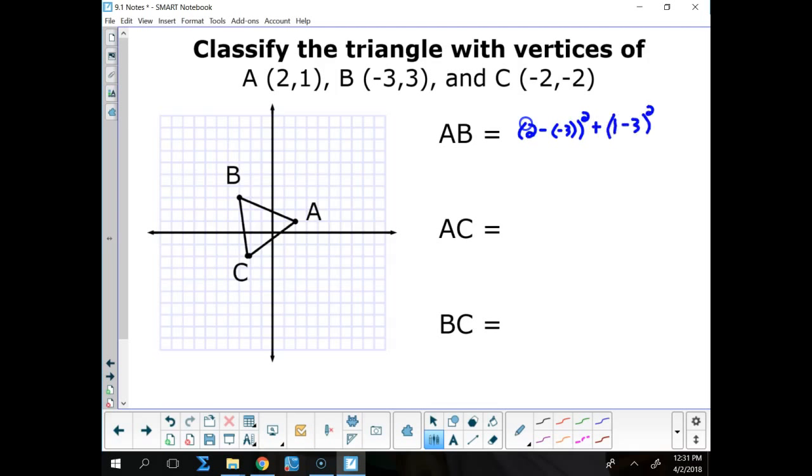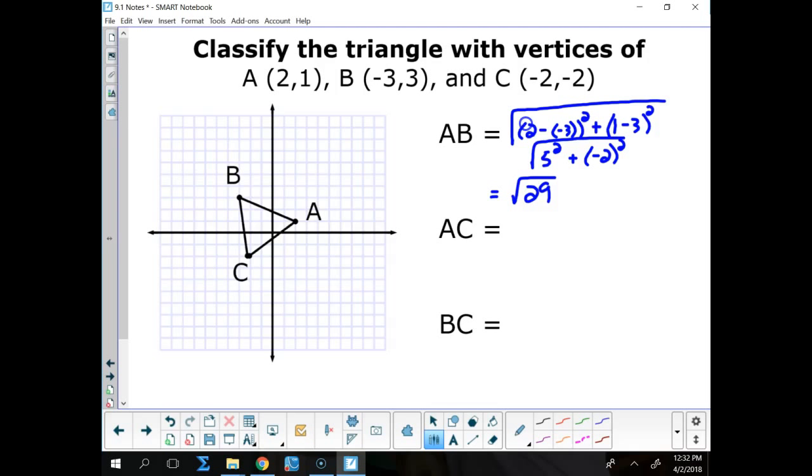So 2 minus negative 3, that's 5. 1 minus 3 is negative 2. So that's going to be the square root of 29. Now, in this particular case, even if it was like the square root of 24, let's say, would I have to simplify it?